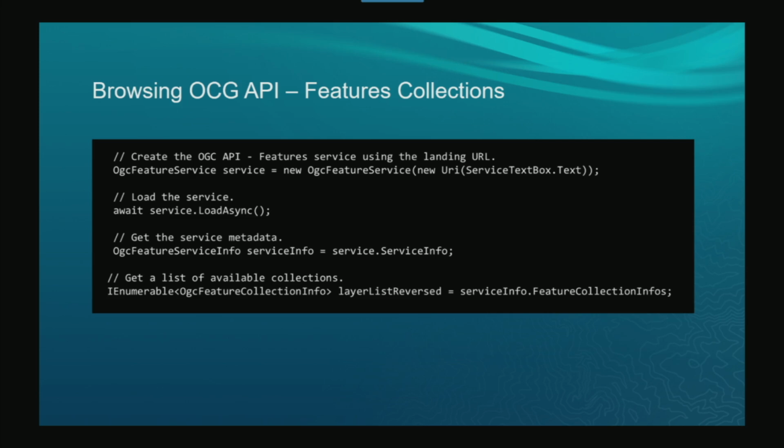To do that via our API, you can get into an OGC feature server. You put the URL, which is the base URL there. You load it. Once you load it, you get to the service info. We collect all the metadata behind the scenes for you, and you can add the feature collection infos into a list to list all of them.